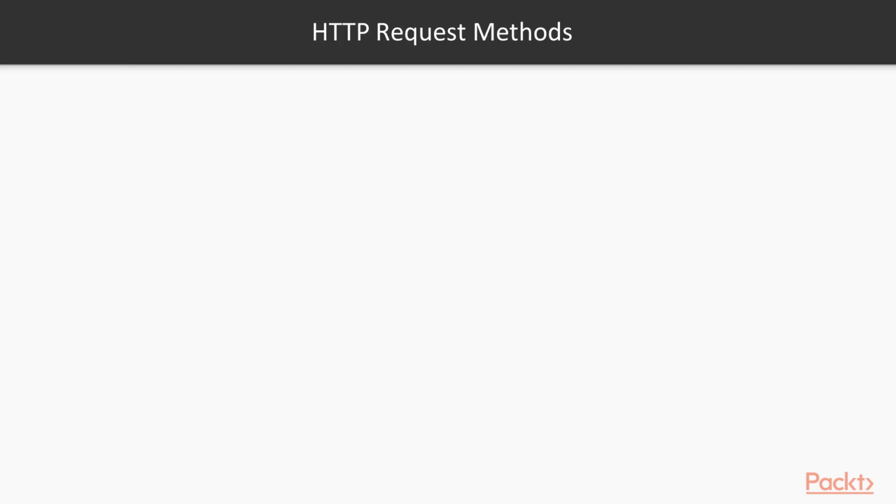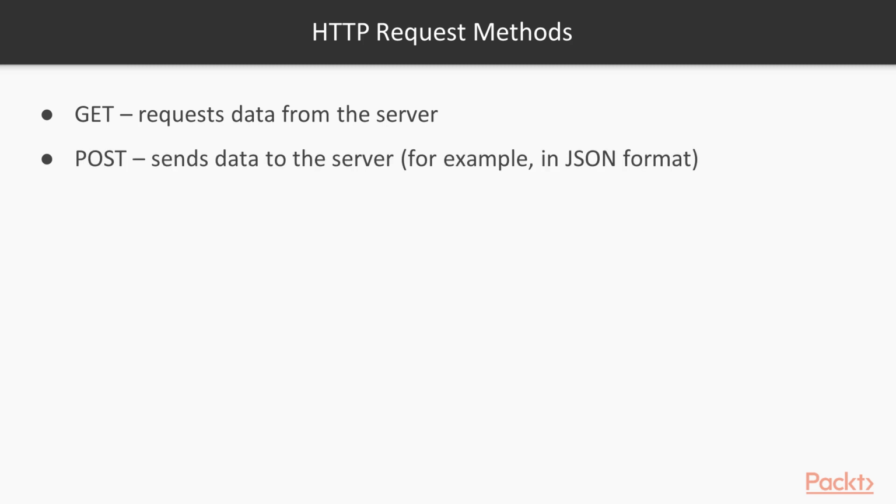In REST APIs, there are many different HTTP request methods available, and the most important of which can be seen here. So first we have the HTTP GET method, which basically is used whenever we want to request data from the server. Then there is POST, which is used for sending data to the server, for example in JSON format.